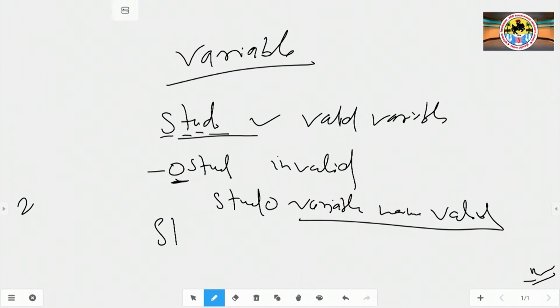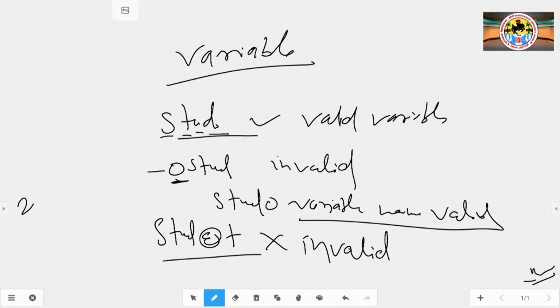Same way, suppose we take a special symbol like stud@t. As we told you earlier, we cannot take any special symbol in the variable name, so this is invalid. Why? Because we have taken a special symbol as a character in writing the variable name. But in the first place, suppose we write underscore.